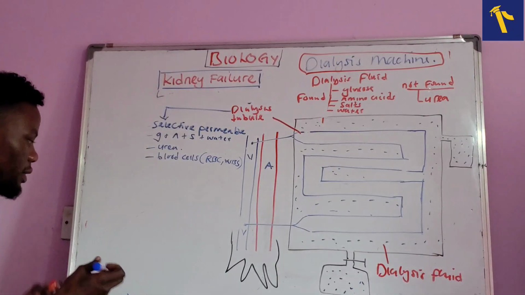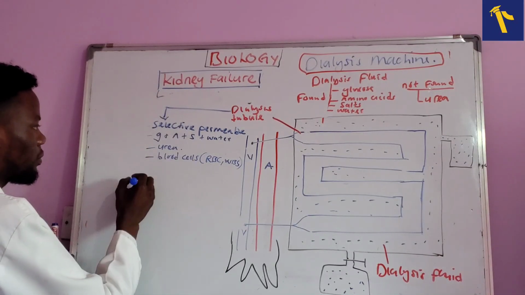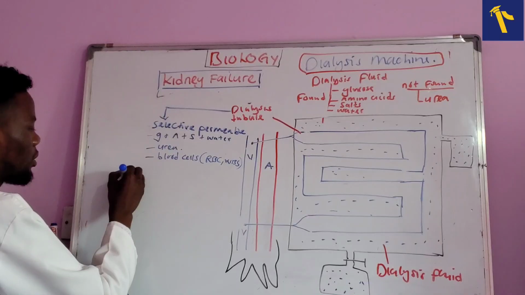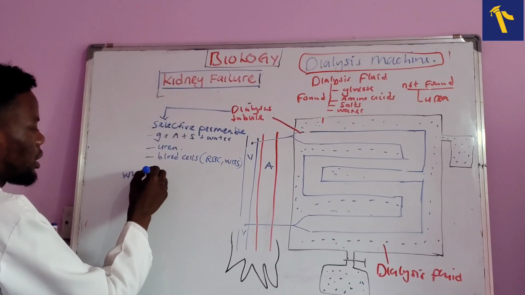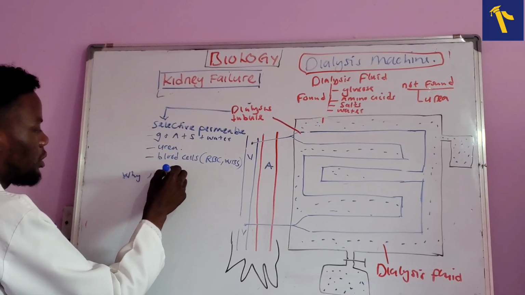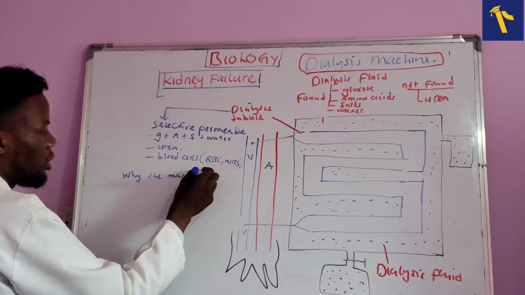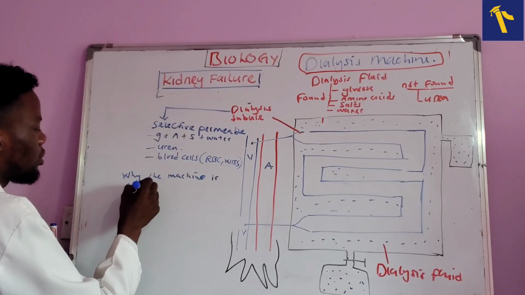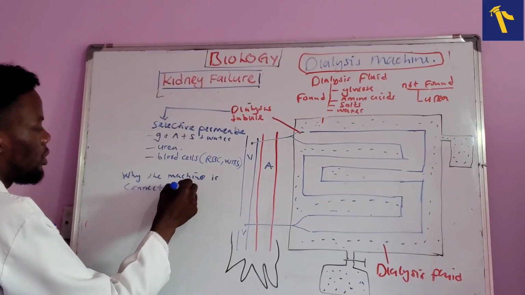It is because of this. So this is the reason why the machine is connected to the vein.